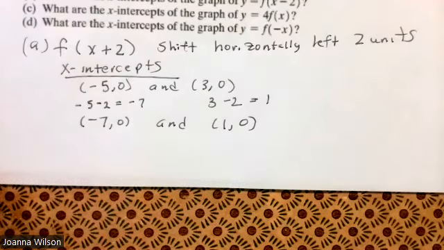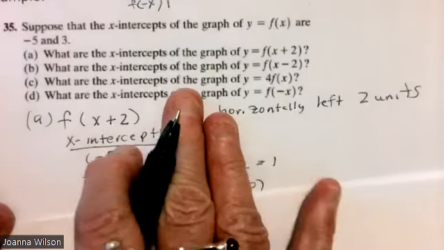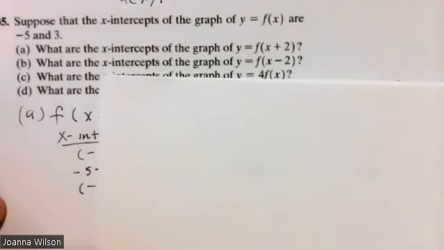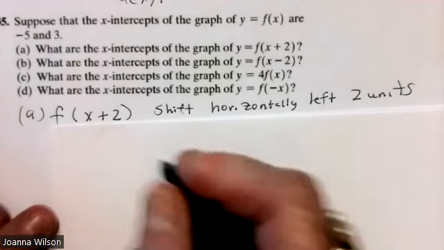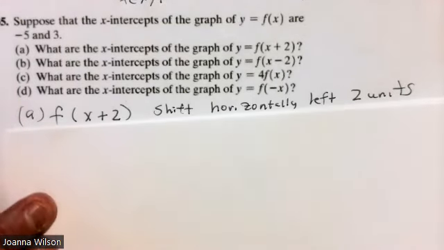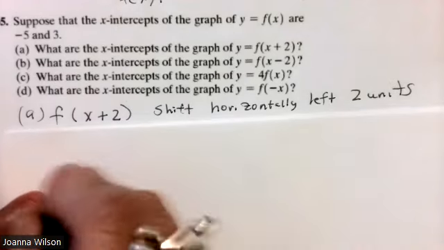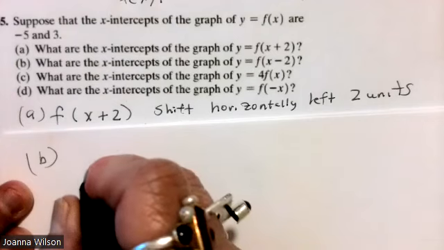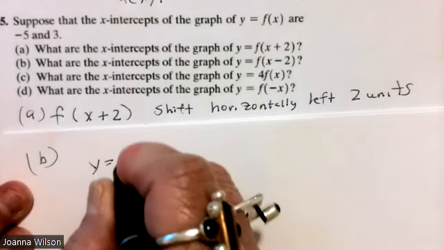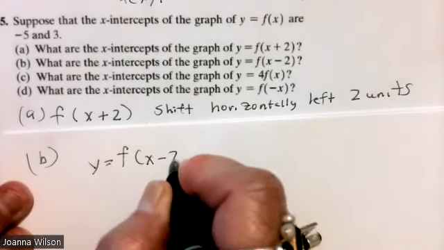Let's look at B. So B says, what are the x-intercepts of the graph of y equals f of x minus 2? So if it's y equals f of x minus 2, which way is it going to shift?